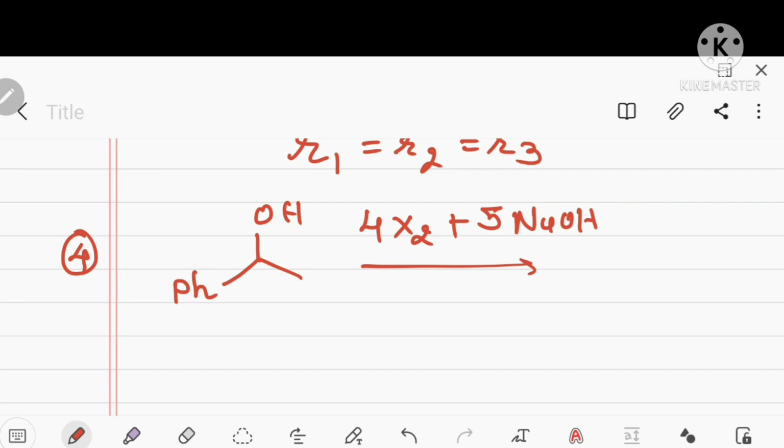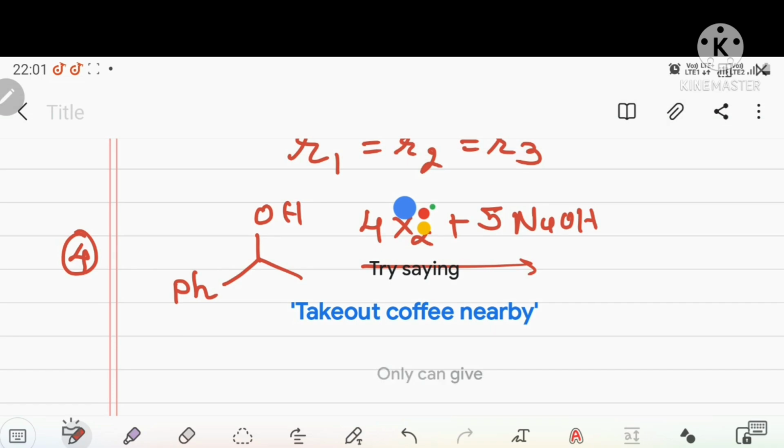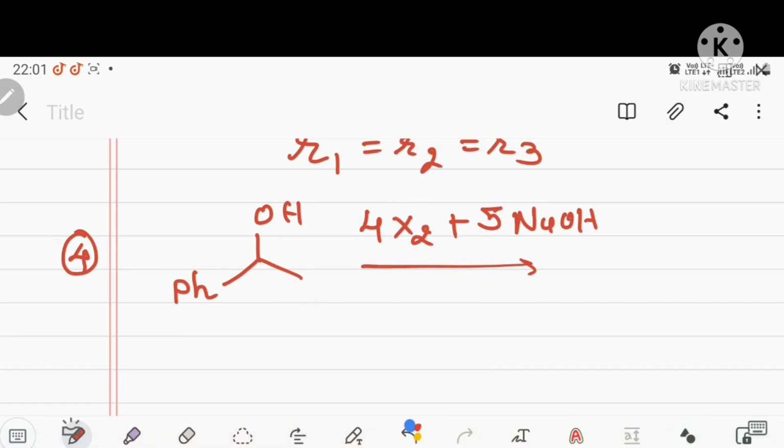Now what is your product? So the question arising is, sir, you are telling that only the methyl keto group can give the iodoform test.